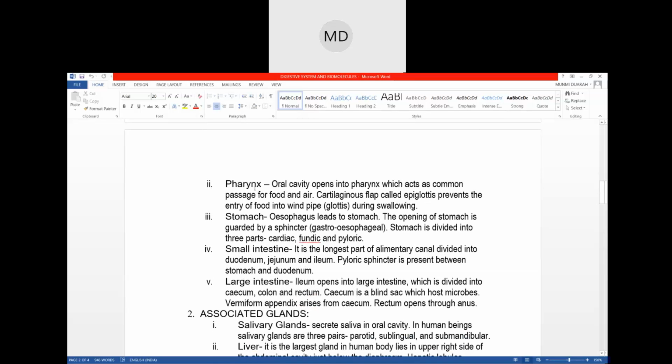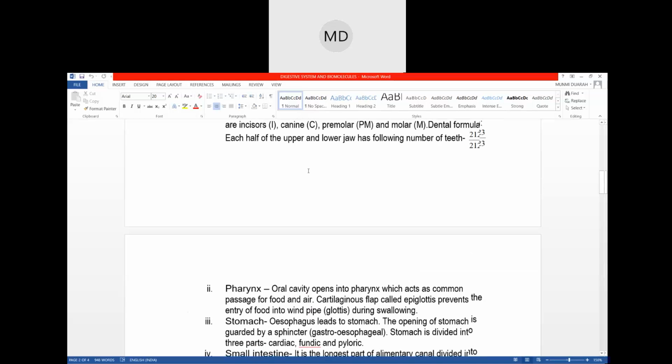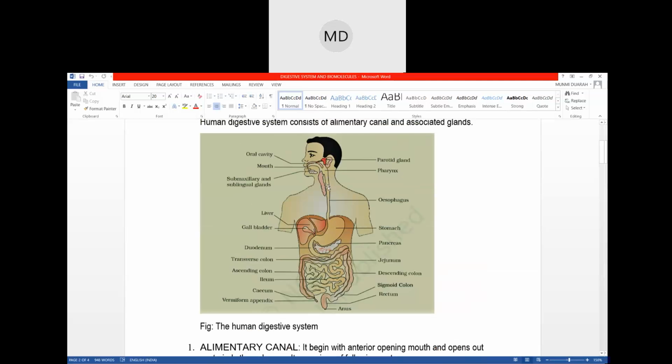Then there is the esophagus. In the alimentary canal, it comes after the mouth and pharynx. But there is nothing to write about the esophagus because it is nothing but a long pipe or tube-like structure.